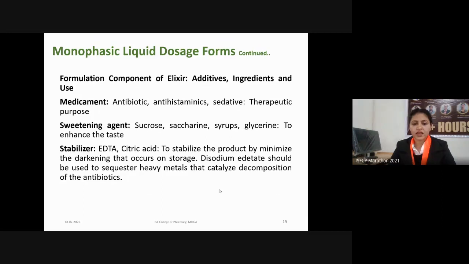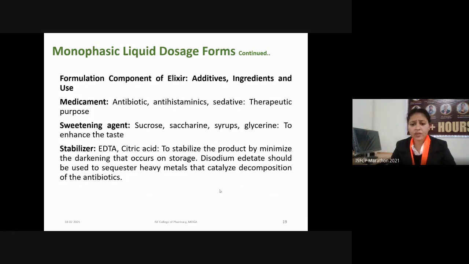It means if we are not using a stabilizer and we keep the elixir for a longer period of time, we can see a change in the color. So to minimize that darkening of the color of the elixirs, we use stabilizers.